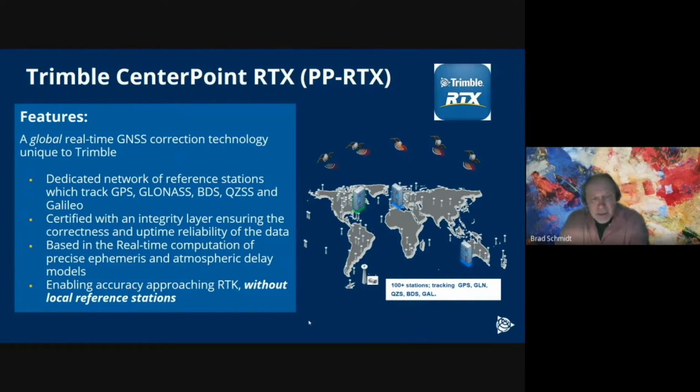It takes between 15 and 30 minutes convergence time in most areas around the world, which is maybe a little bit long for flying UAVs, but there are a number of regions right now that have something called PP-RTX Fast, which allows for the convergence of the software within about 5 or 10 minutes, which is quite respectable for using with UAVs.